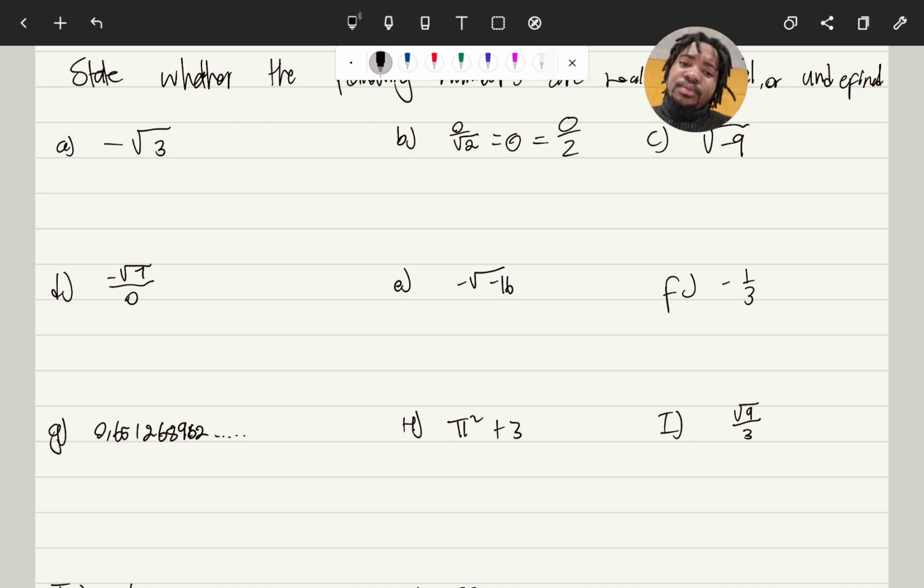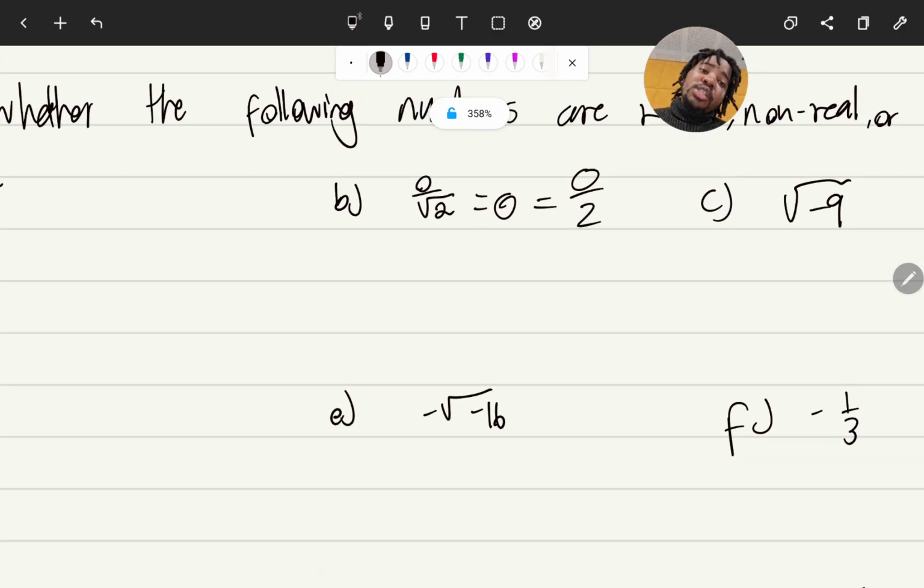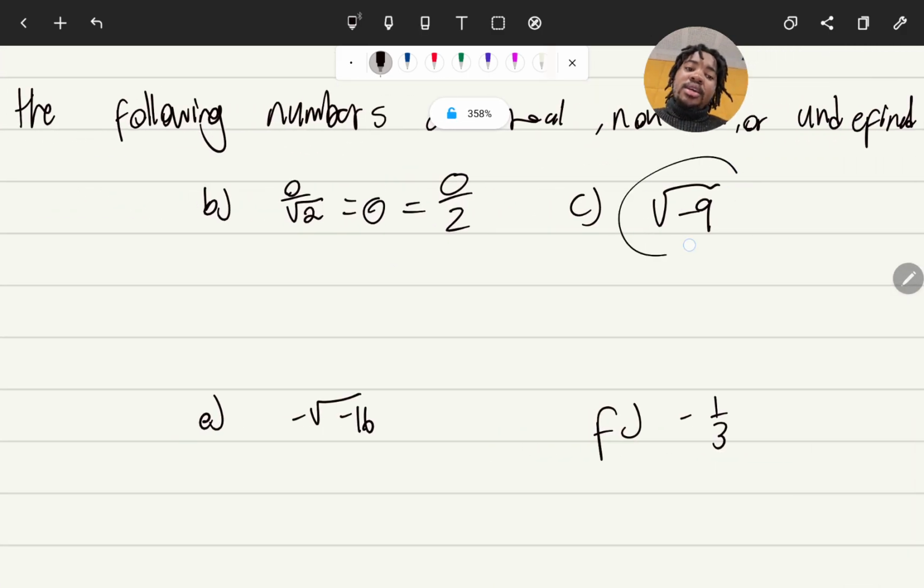So this one is a real number, but it is not irrational. And then here we're having a negative inside our root, that it doesn't exist. When you put that in your calculator it will say maths error, or basically the number is undefined. So this one is undefined.